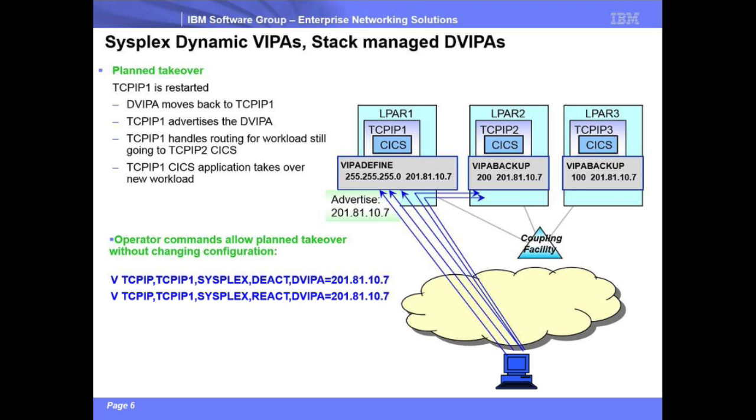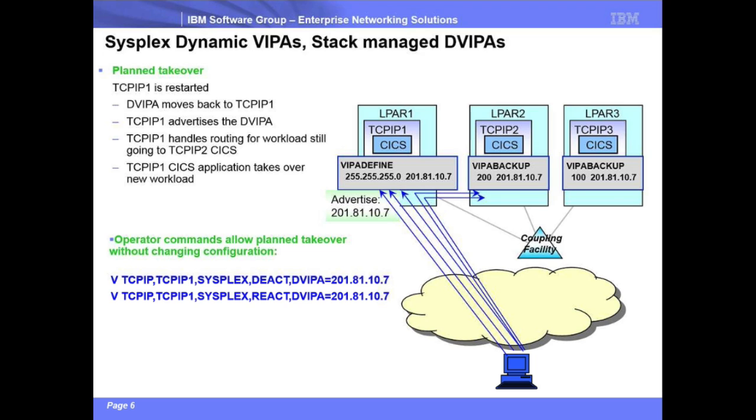Operator commands can also be used to allow a planned takeover without needing to change the configuration or use a VARY OBEY file. These are the two commands that are used. If you deactivate a DVIPA on a stack, that basically removes the configuration statement for that DVIPA.